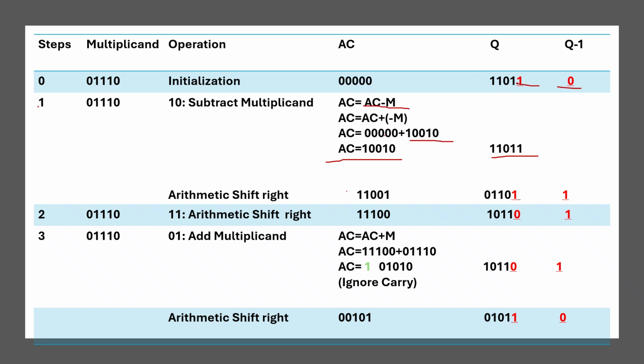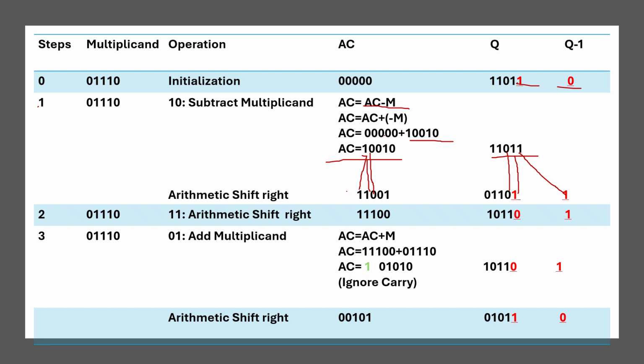Then we shift the bits towards the right side. The MSB bit is 1, so we repeat this MSB bit 2 times, so it is double 1. So the first iteration is complete.